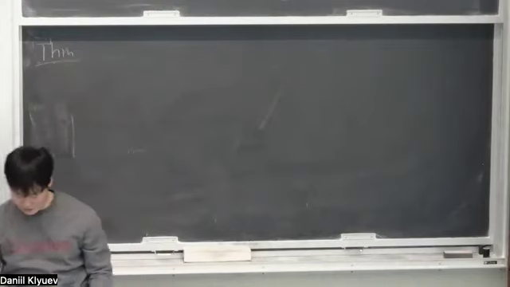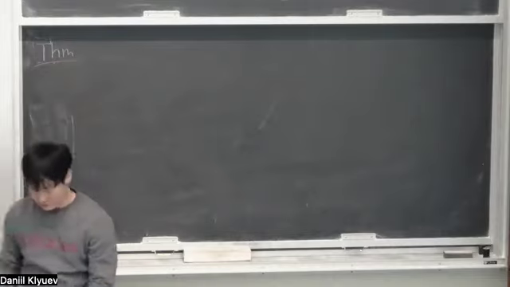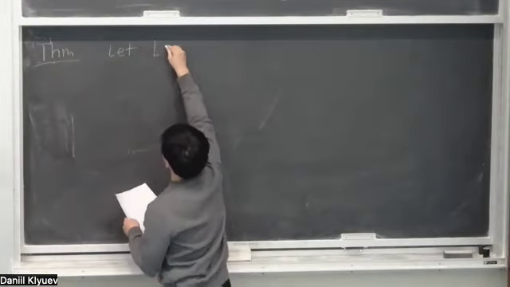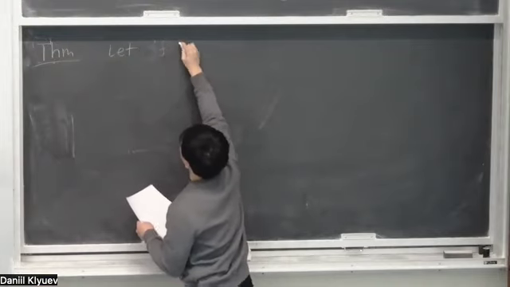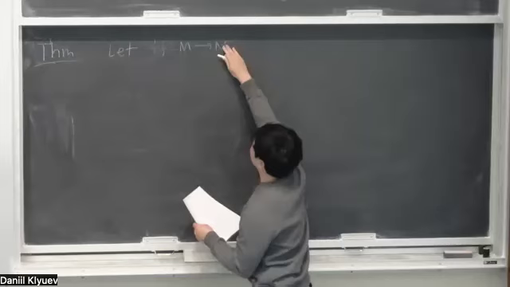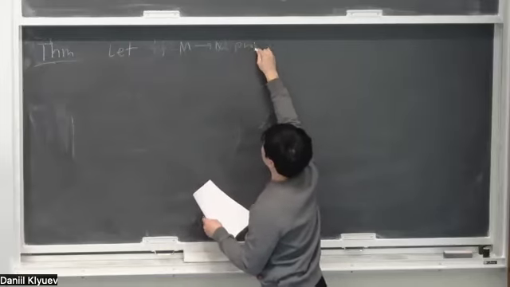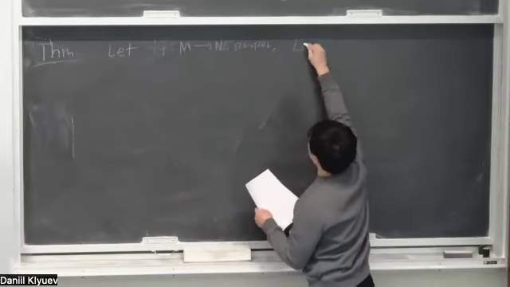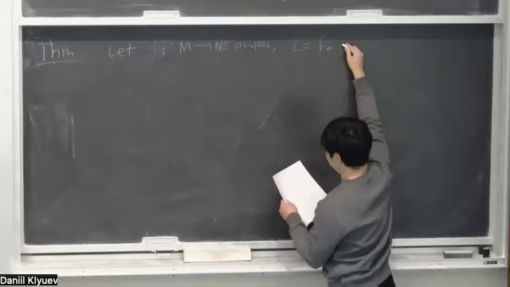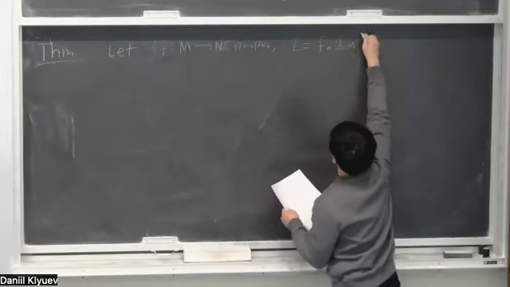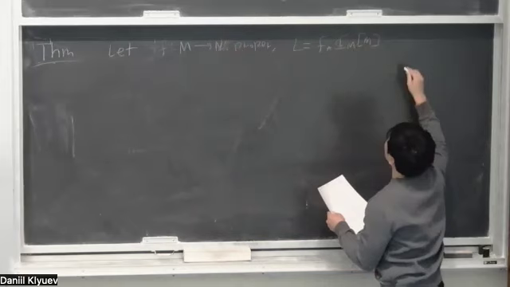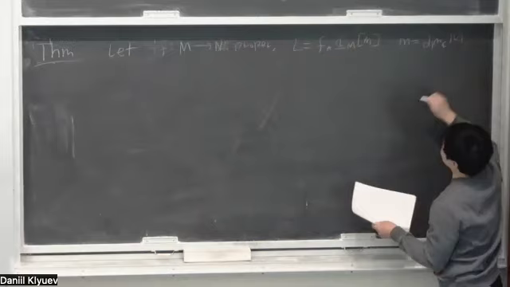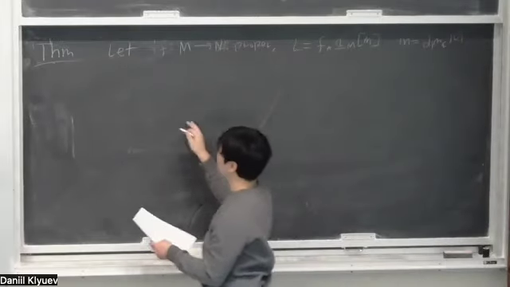So my last theorem today: let f: M to N be proper, where M is a complex manifold, and let L be f lower star of C_M[m], where m is the complex dimension of M, so half of the real dimension.